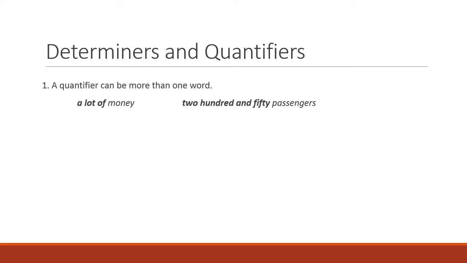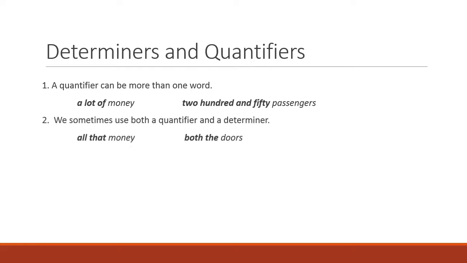A quantifier can be more than one word too: a lot of, or 250 passengers. We sometimes use both a quantifier as well as a determiner, like all that money or both the doors. So you have a quantifier, all and both, and then you also have determiners like that and the alongside the nouns money and doors.